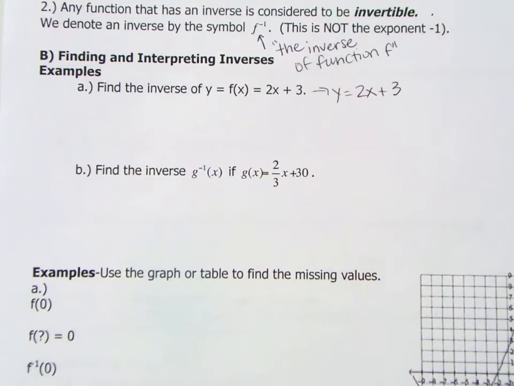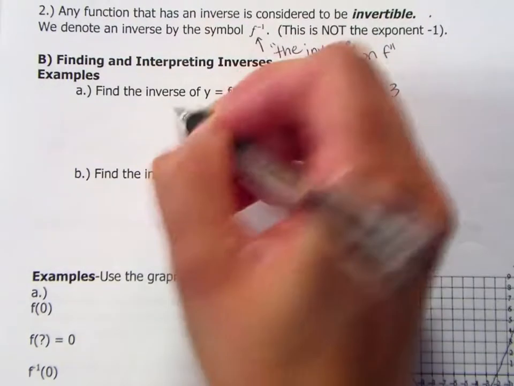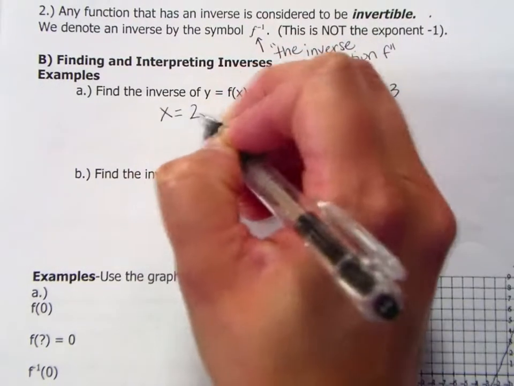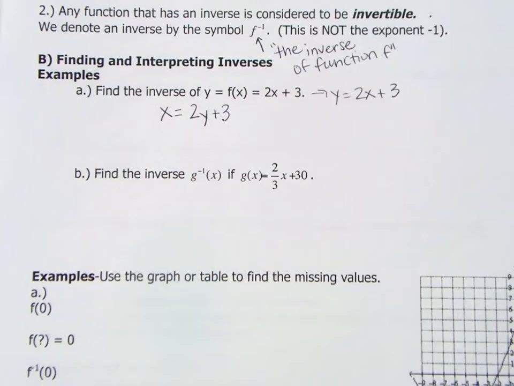What we are going to do is switch our x and our y because remember, with inverses, we are switching the input and the output. So we are literally going to switch the x and the y, which is the input and our output. And then we are going to solve for y.